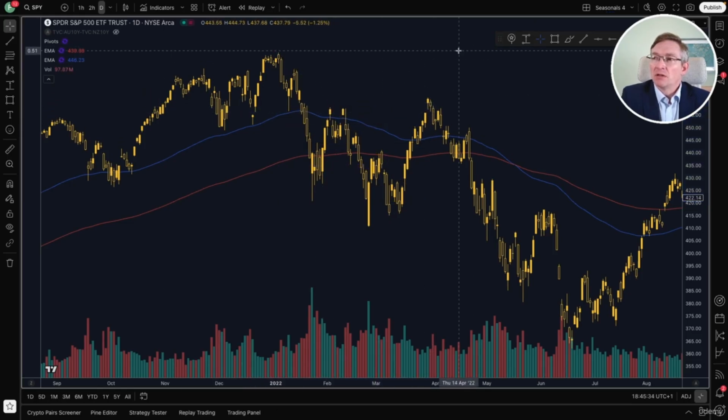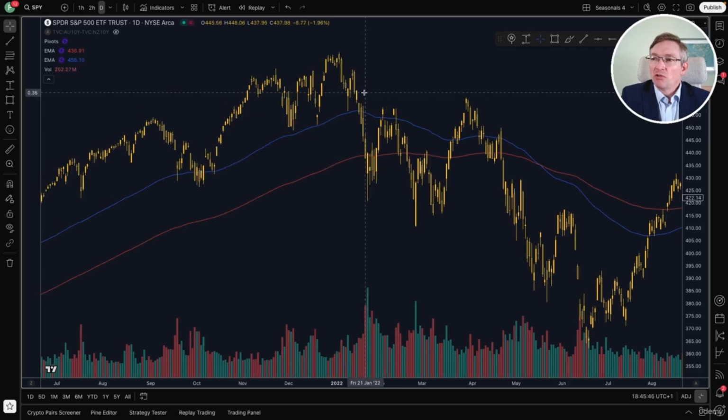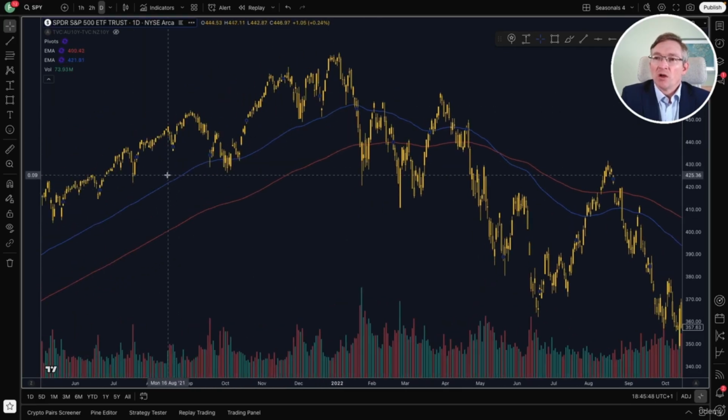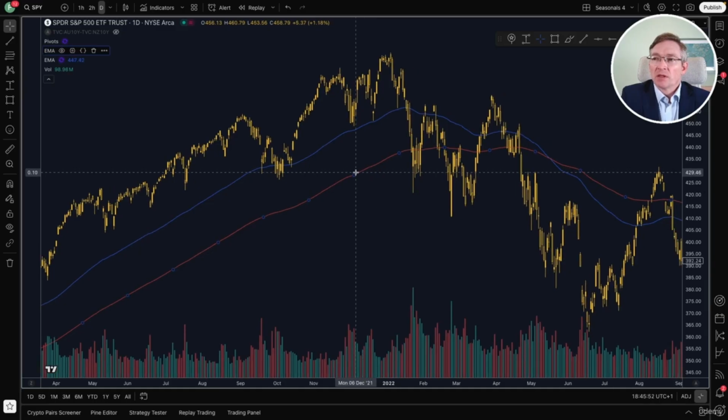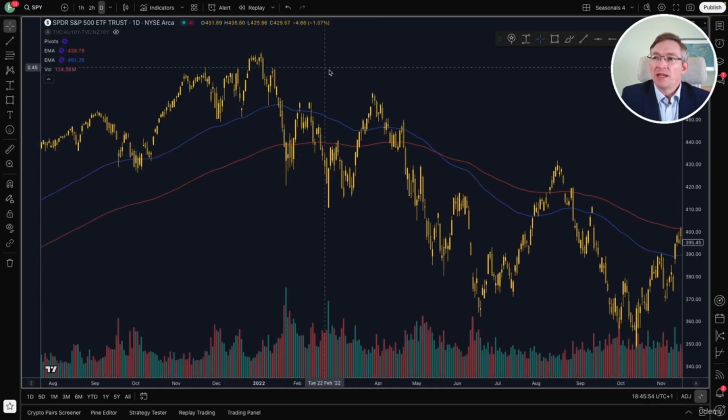And you can see that 61 fib retracement level was a floor, and when the floor breaks, it then becomes a ceiling. Often you'll see these roles reverse all the time. What was a floor can suddenly become a ceiling.